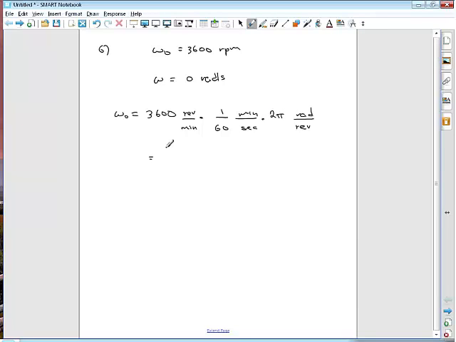And let me find my calculator. And if we do that, we get 3,600 divided by 60 times 2 times pi. And it's usually close to a factor of 10. I just realized, oh no, that's correct. So it's 377 radians per second.